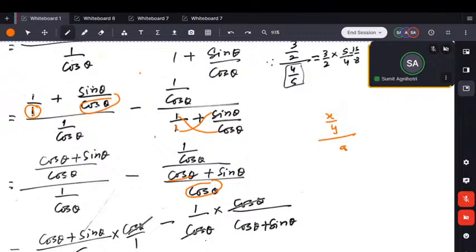This is like x over y, and this portion is like a over b. Similarly here, x over y and a over b. If you are multiplying, you will just reverse it as cos over 1. Similarly, reverse it as this. You cancelled cos, cos, cos, cos. Finally, you got cos plus sine over 1 and 1 over cos plus sine.